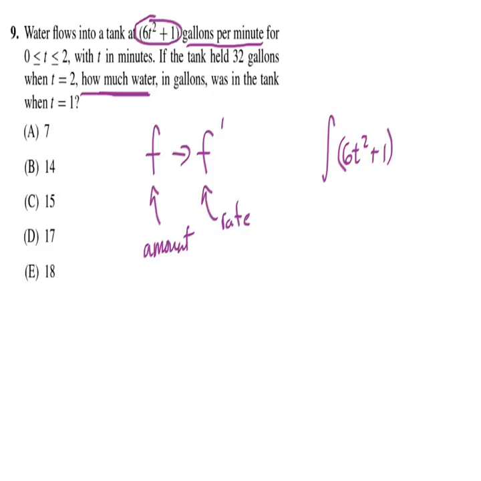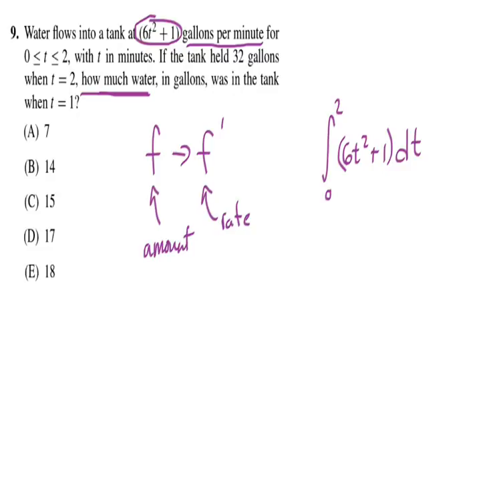Okay, so if I put in the actual interval, this would give me the amount of water between 0 and 2 minutes. We're given the amount of water at 2 minutes. We're not given the amount of water at 1 minute.